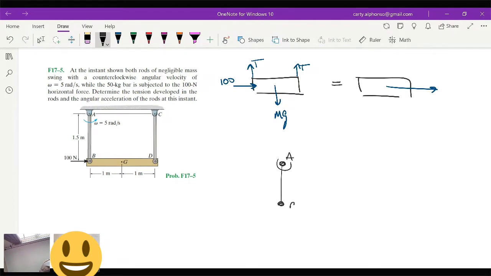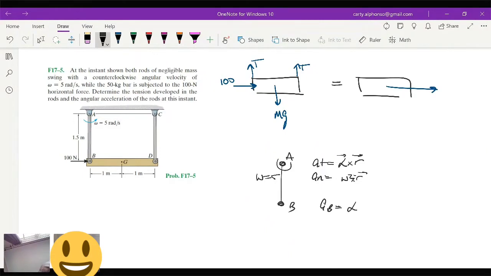A, B. We've got omega equals 5. We have a_t equals alpha cross r, and then we have a_n is negative omega squared r. So the acceleration at point B is going to be the acceleration of A, which is 0, plus alpha cross r.